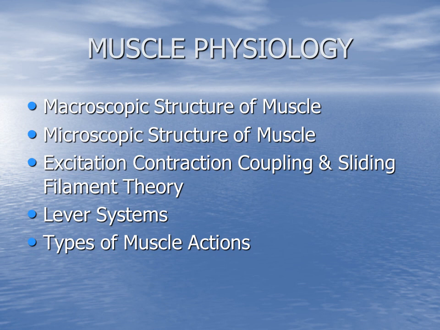And then finally, we'll talk about some of the different types of muscle actions which I alluded to earlier. And those include the isometric muscle actions, the concentric muscle actions, and the eccentric muscle actions. Okay, so let's review now some of the structure of individual muscles.